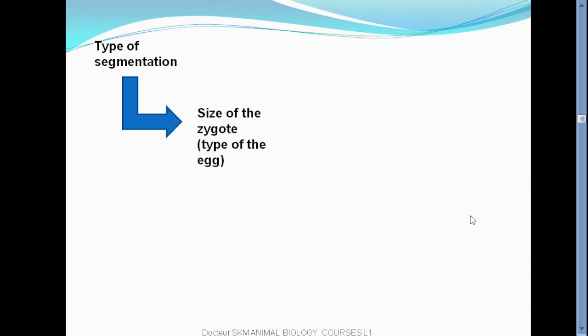Okay, so let's follow this series of divisions. But before this, you have to know that there are many types of segmentation. In fact, these types depend on the size of the zygote which divides.